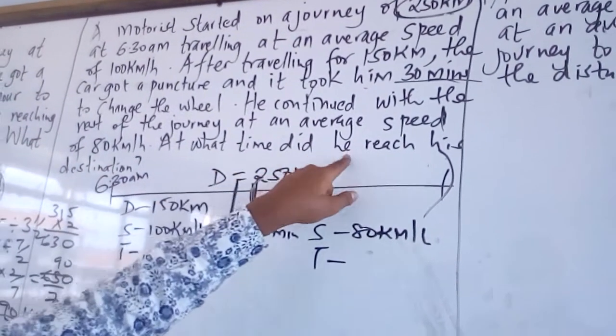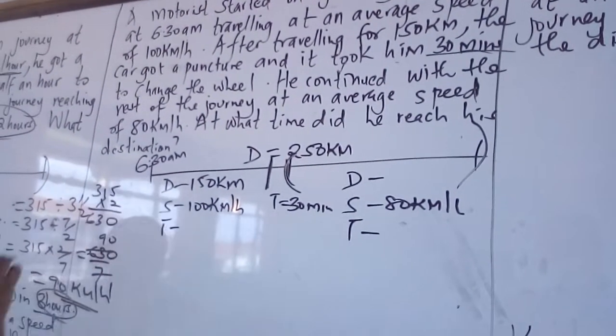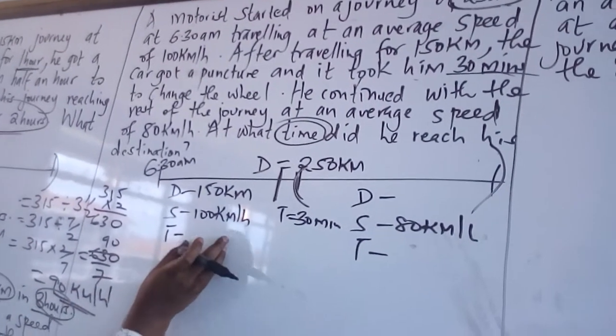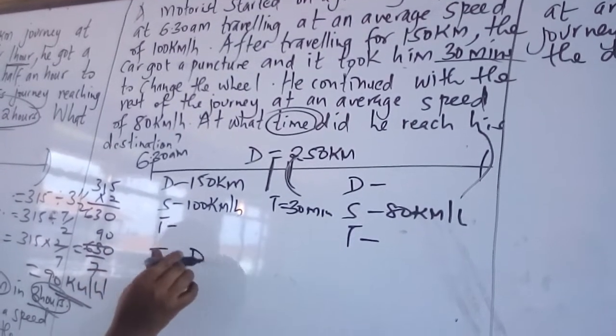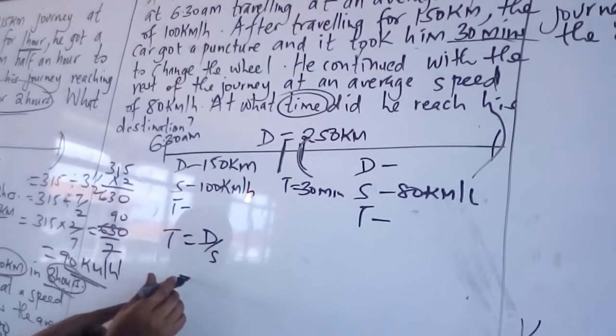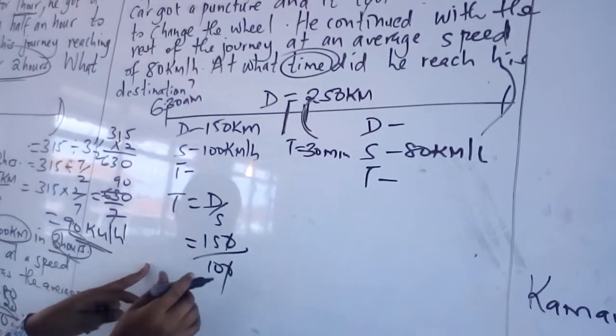At what time did he reach his destination? So the question is time. You must know time here and time on the other side. So how do you get time? Time is equal to distance over speed. We are starting with the first part of the journey, which is 150 divided by 100. 0 cancels 0.